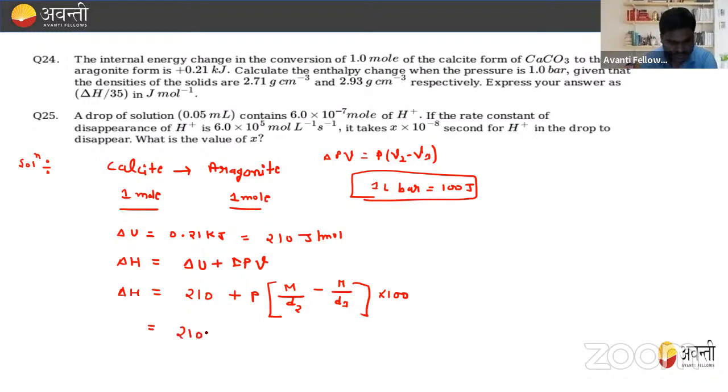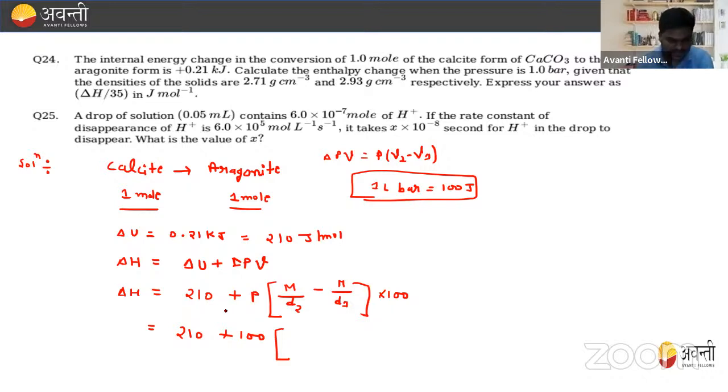So this is equal to 210 plus P, which is already given as 1, or we say 100, and the total mass is given in this question. The density of the solid is 2.71 gram per centimeter cube, so it is already given. And the other density is 2.93.